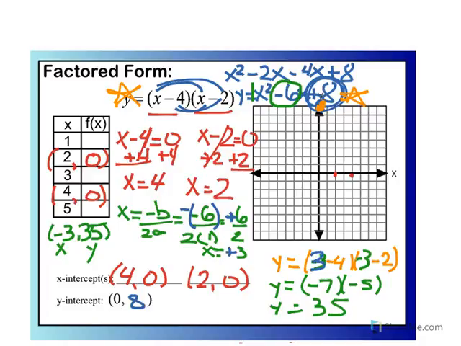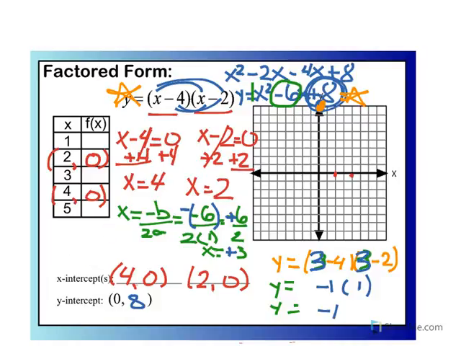So if I sub in a positive 3, 3 minus 4 is negative 1, and 3 minus 2 is positive 1, so that is negative 1. That makes a lot more sense visually with our graph. So when x is positive 3, y is negative 1.